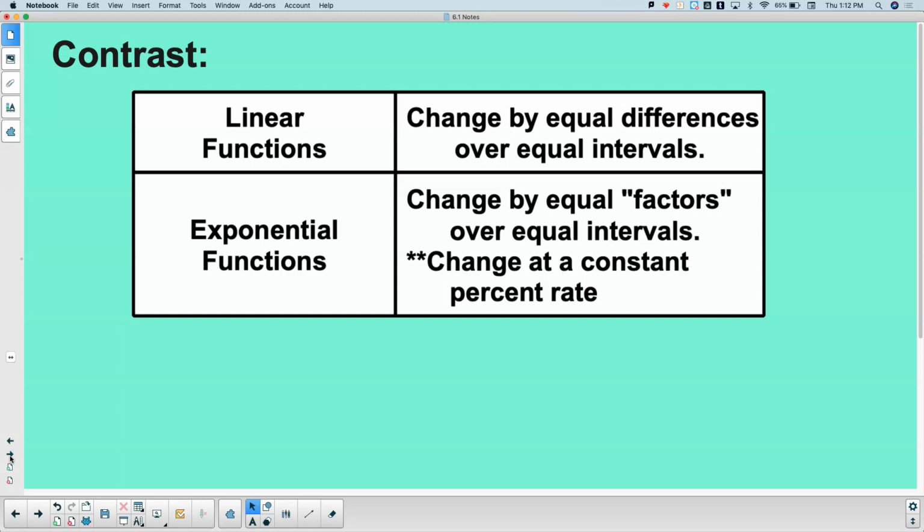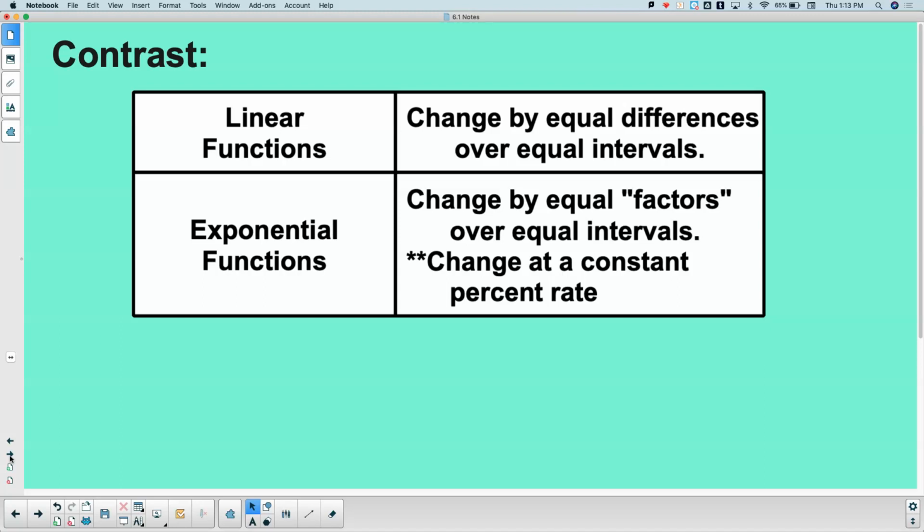The slope of the line. Exponential functions, the change changes. If it's an exponential growth function, the change gets larger the farther out you go.